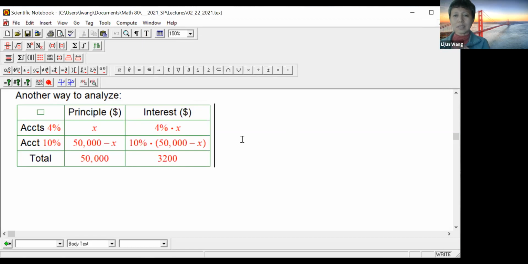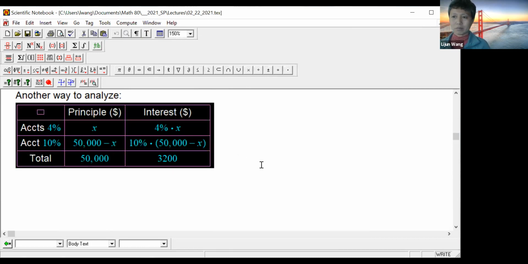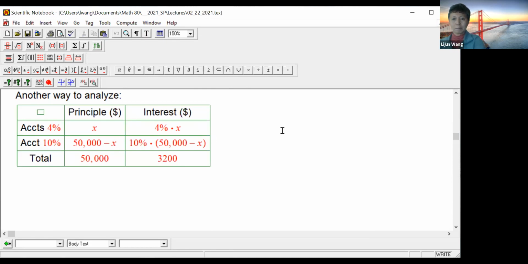This guarantees you have apple with apple, orange with orange. Account, you have 4%, you have 10%. And the last row has a different meaning, it is the total of something, total of principal, total of interest. Do you guys follow me? So when you look at that table, you have to understand how that table is made. So far, so good? Yes.